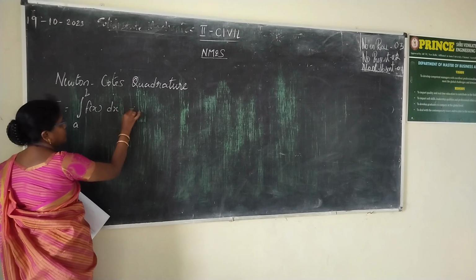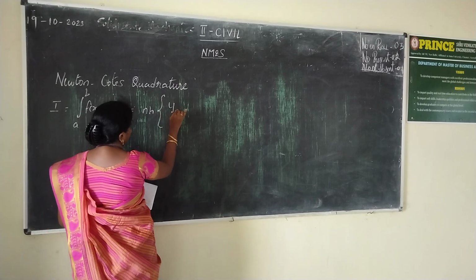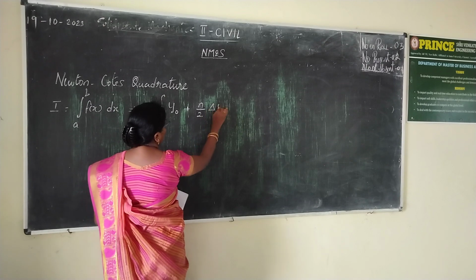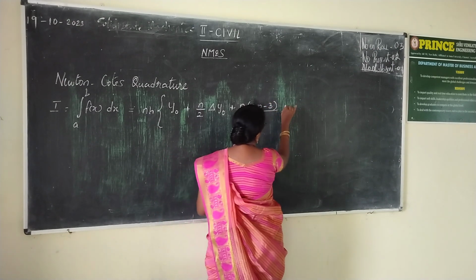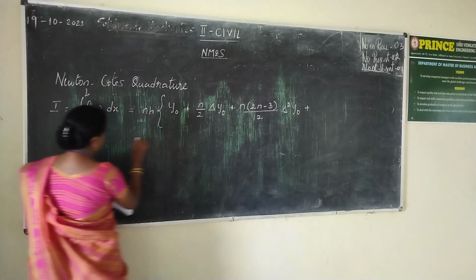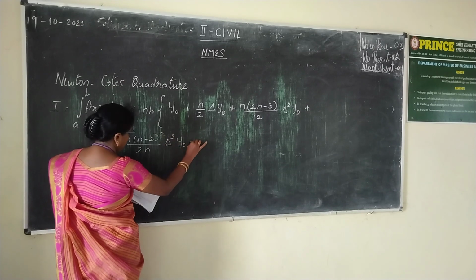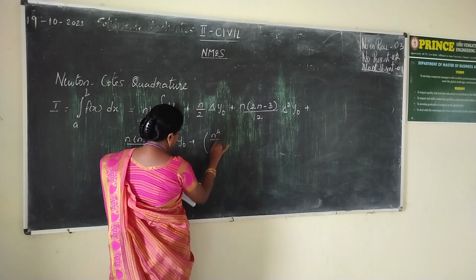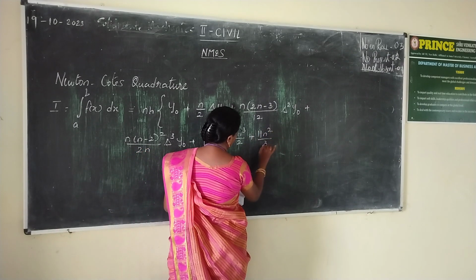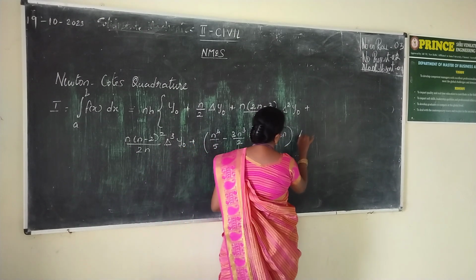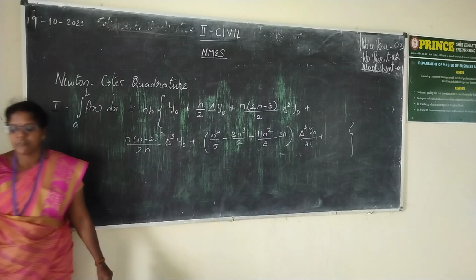That is equal to nh into y0 plus n by 2 into del y0 plus n into 2n minus 3 by 12 del square of y0 plus n into n minus 2 the whole square divided by 2n into del cube of y0 plus n power 4 by 5 minus 3n cube by 2 plus 11n square by 3 minus 3n into del power 4 of y0 by 4 factorial plus etc. This is the Newton-Cotes quadrature formula.